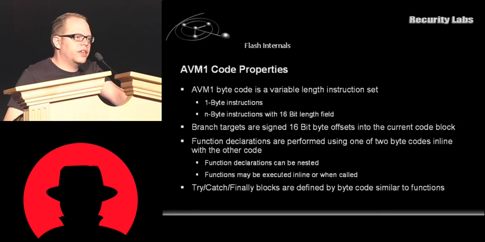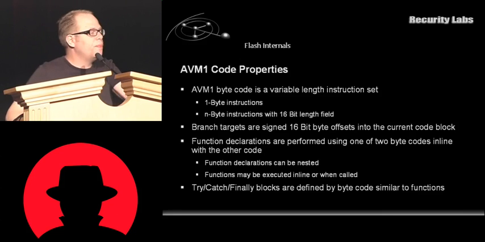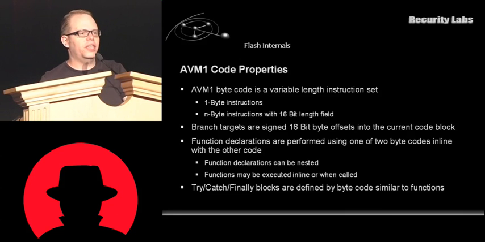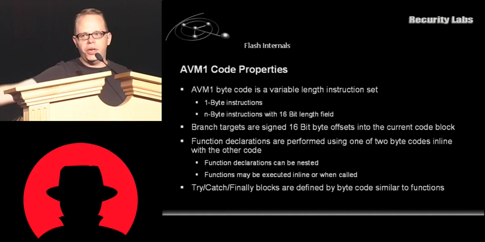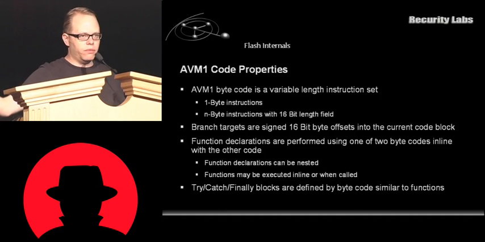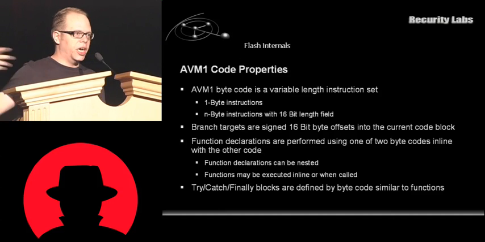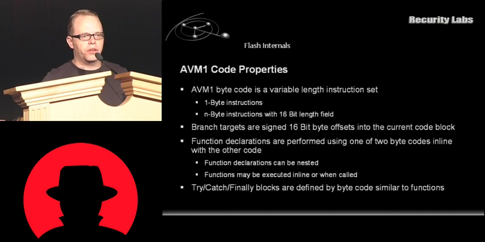Function declarations, and this is really interesting. Function declarations are actually a bytecode. In every sane executable format, you have an area that says this is my functions and this is where they start and where they end. In AVM1, you actually have an opcode that says, if I'm executed, the next n bytes behind me are going to be considered a function.